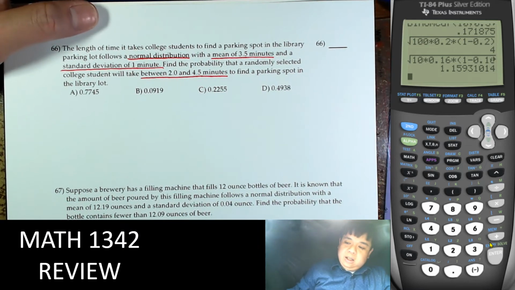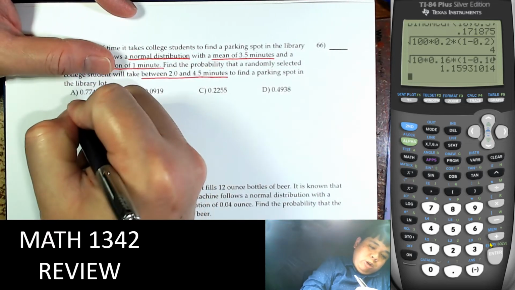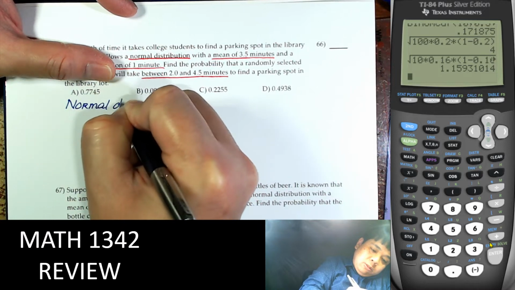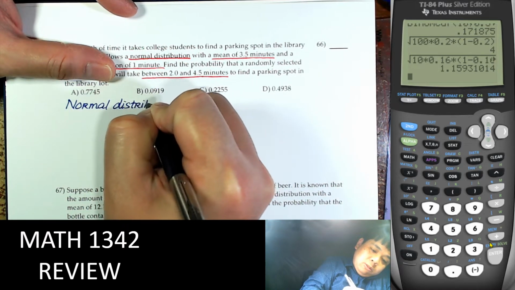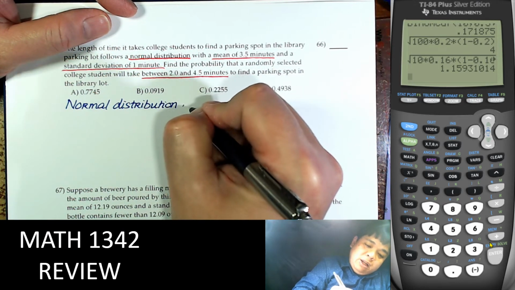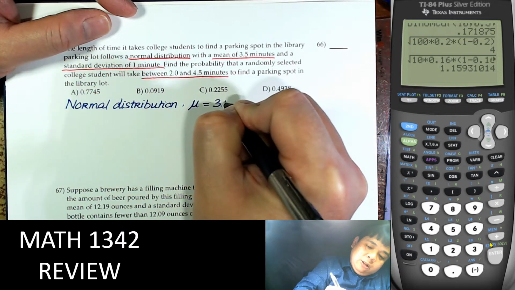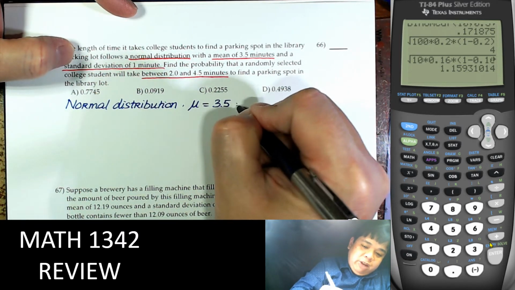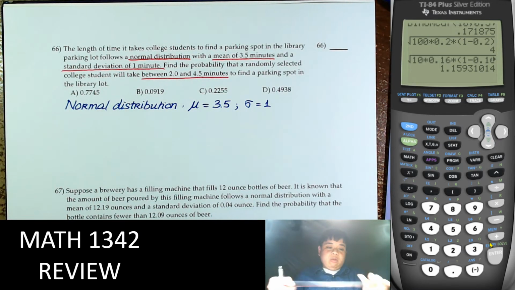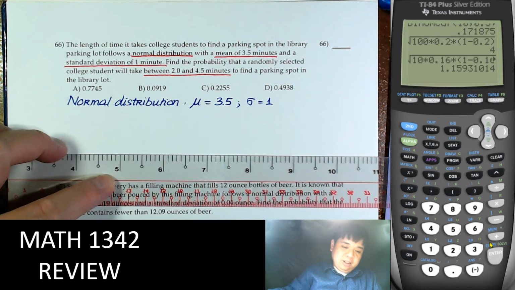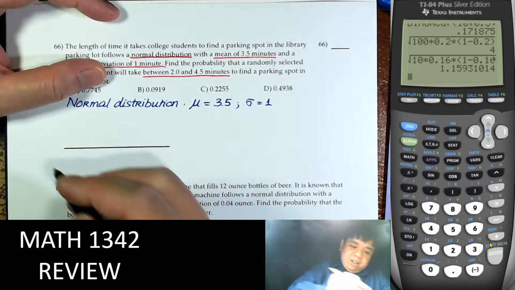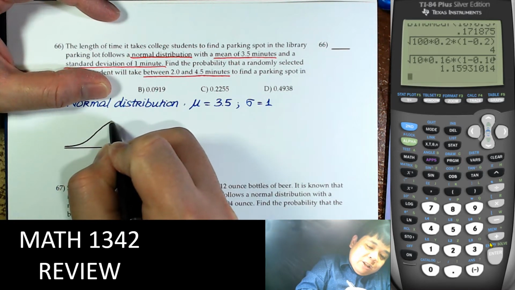Right, so first, let's summarize. We have a normal distribution. And in this case, the mean and the standard deviation. Right, so we need that, so we just draw the normal curve.